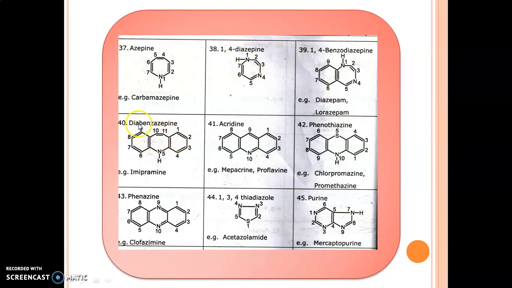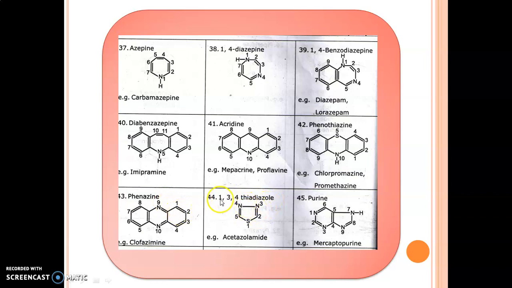Next is a dibenzazepine ring. In this, two benzene rings are fused with azepine ring. Next is acridine. In this, pyridine ring is fused with two benzene rings. Next is phenothiazine ring. In this, two benzene rings are fused with thiazine ring. Next is phenazine ring. In this, piperazine ring is fused with two benzene rings.